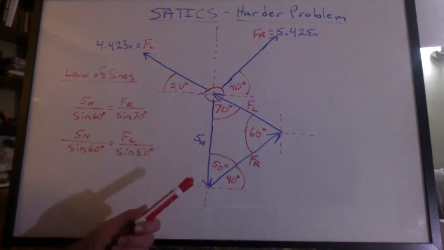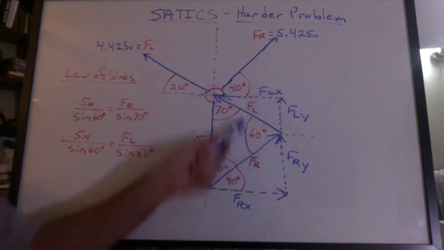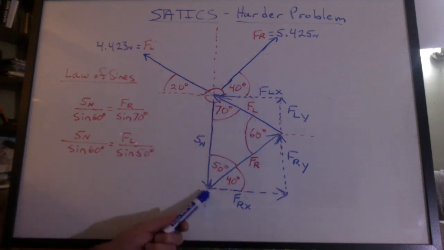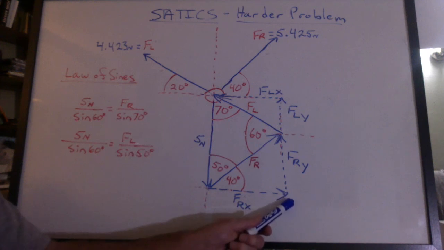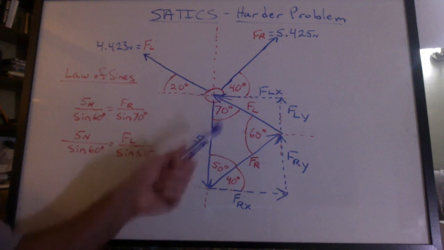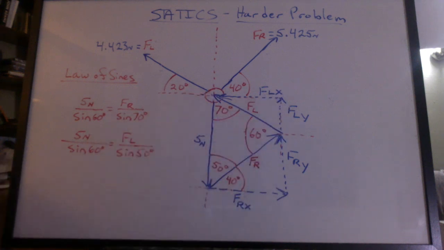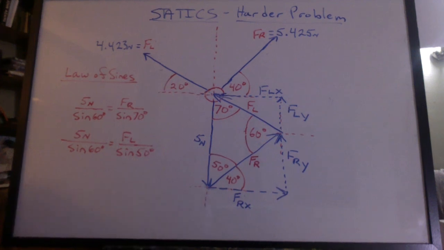For example, here I've drawn in all the components of FR and FL. Look at the FX. You can see that it goes to the right just as far as the FLX goes to the left. And we can see that the Y components add up to the weight of the object going down. So it's all supportive of each other.